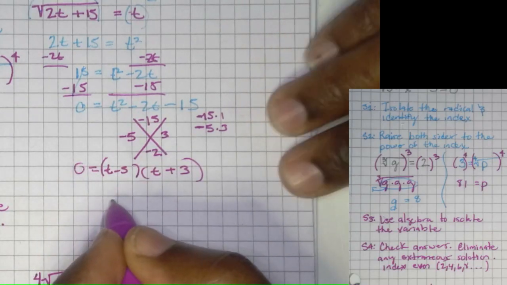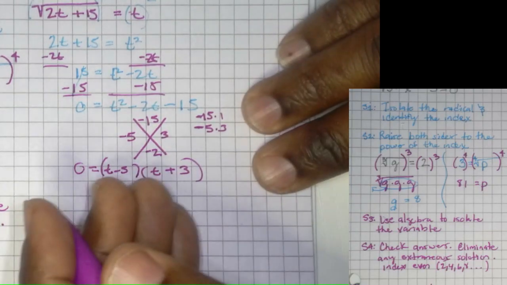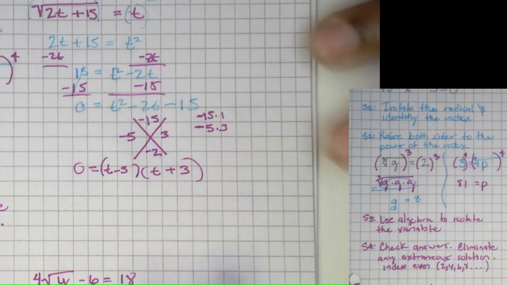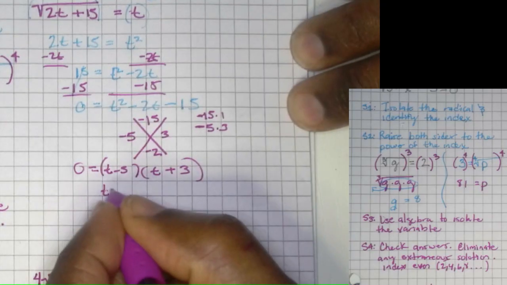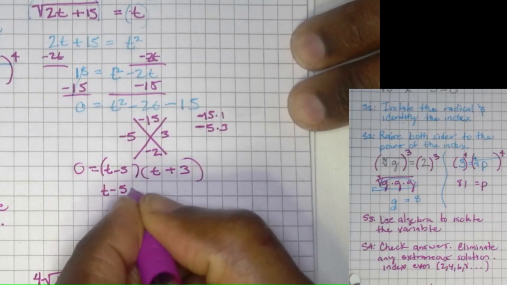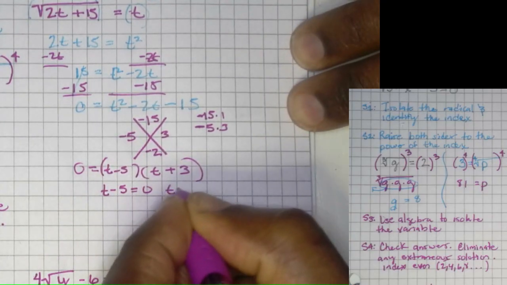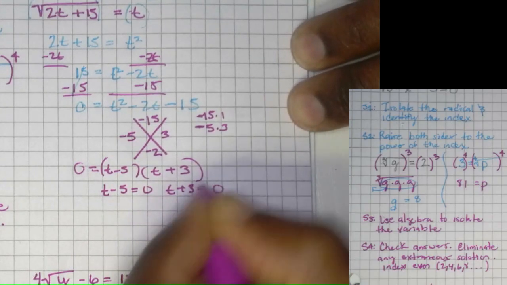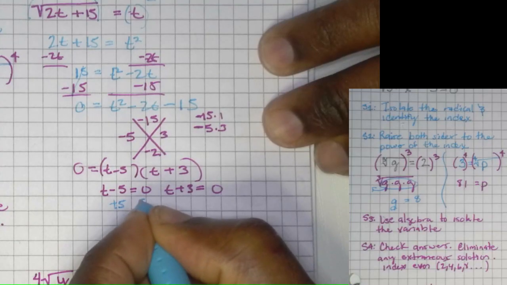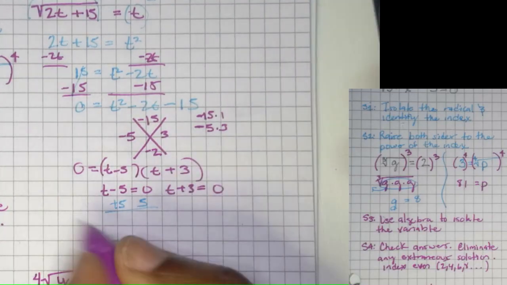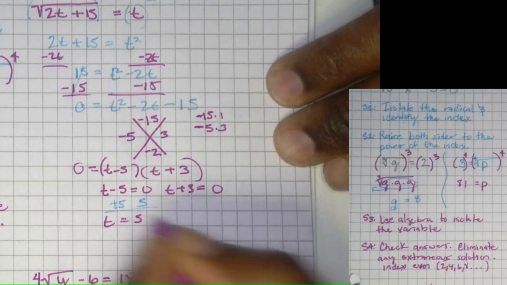Well, remember, what's the next step? We have to find the solutions, right? So we set each factor equal to 0. We add 5 to both sides for this first one, and we have our first solution is 5.